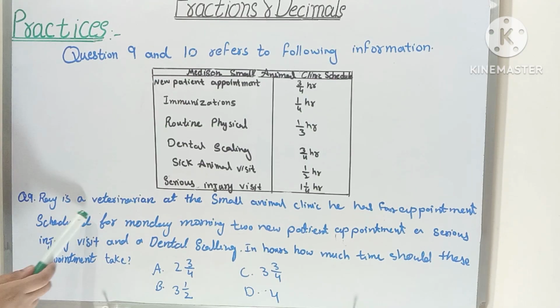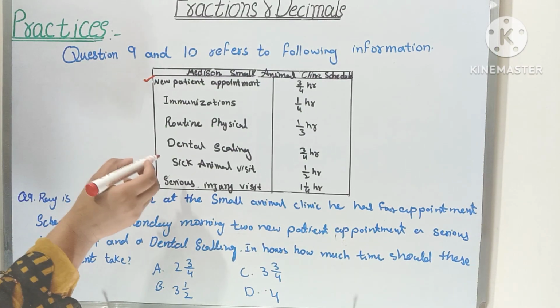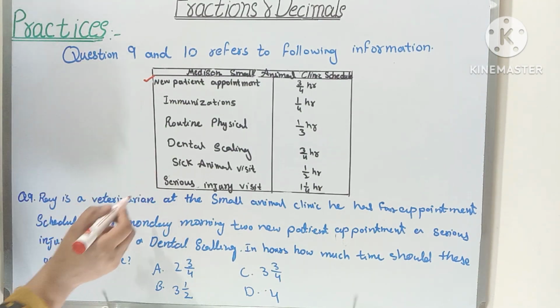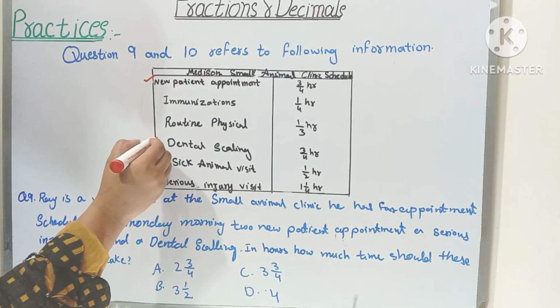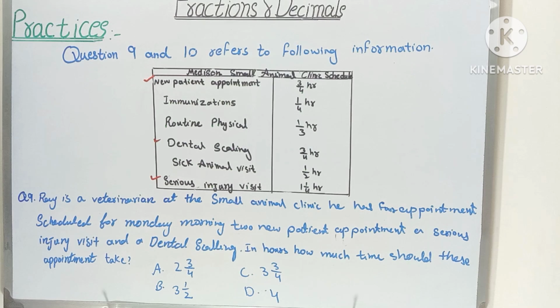Ray, the veterinarian at the small animal clinic, has 4 appointments scheduled for Monday morning: 2 new patient appointments, a serious injury visit, and a dental scaling. How much time will these scheduled appointments take? There are 4 MCQs that correspond to our answers.